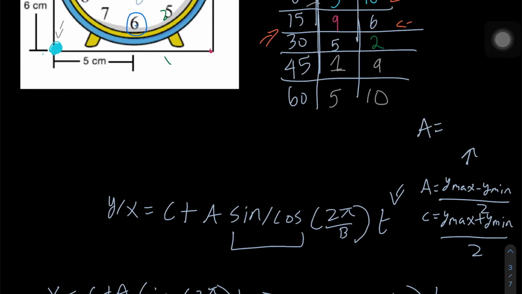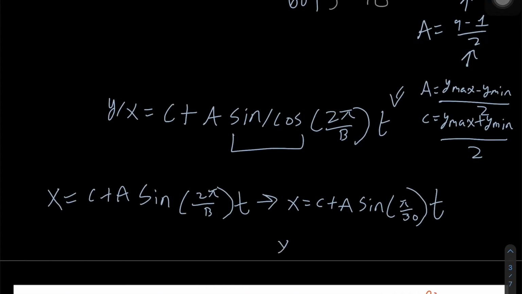We know our x max is 9, so we have 9 minus our x min, which was 1, over 2. 9 minus 1 is 8, 8 over 2 equals 4. This means our a value equals 4. Let's put that into our equation. So x equals, let's leave c blank for right now, plus a, which we just found equals 4, times sine of pi over 30 times t.